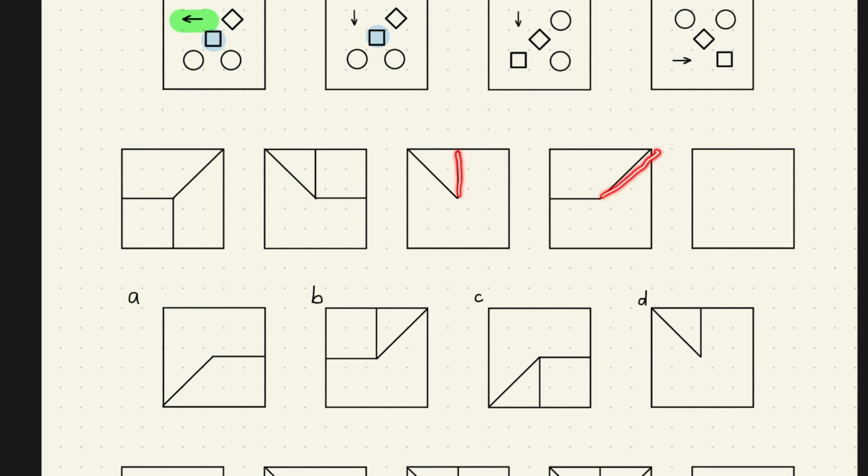So I will use a yellow highlighter to indicate where this line is going. There we go. In your test, I also recommend you use some sort of highlighter to show where each line is going. We've got the yellow highlighter there. Now let's look at this green one here. Maybe this is going anti-clockwise by the looks of it because there's nothing on this side.